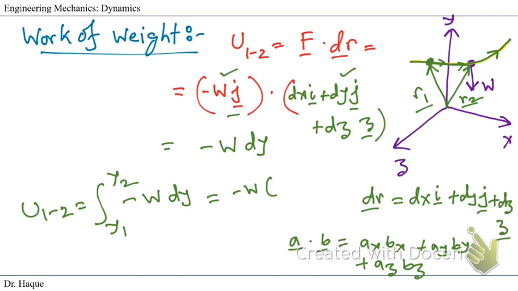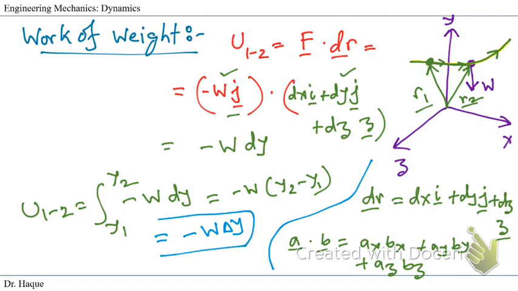So minus W times (y2 minus y1) after integration. So it will be only minus W delta y. So the work of a weight can be found using only this equation, which is negative W delta y.